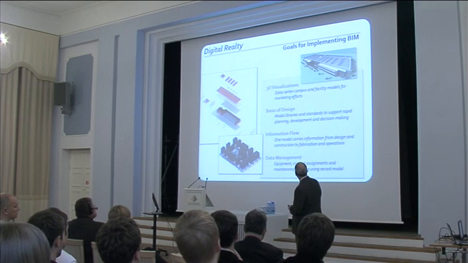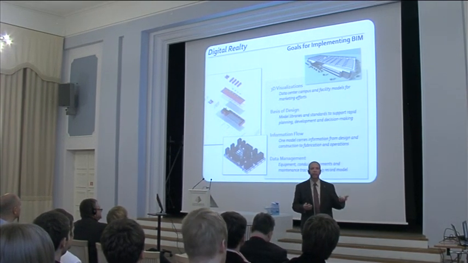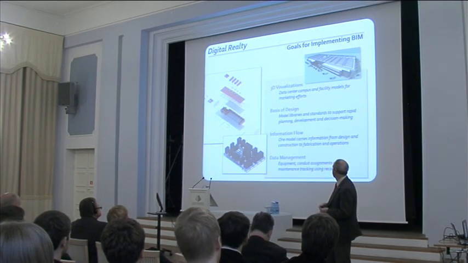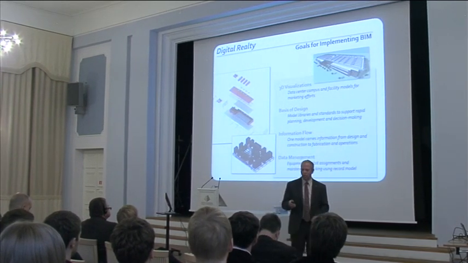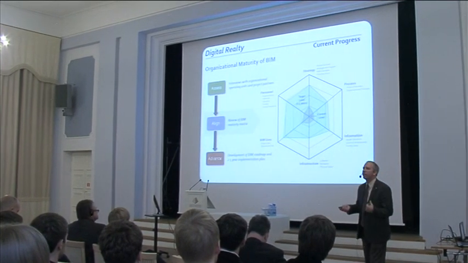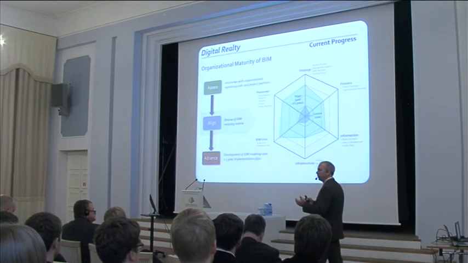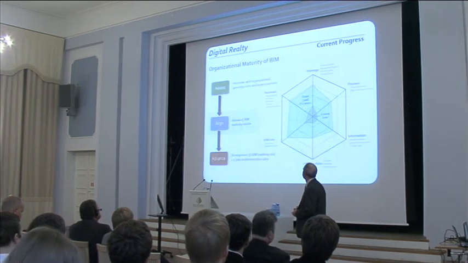Another was using it as an information flow, so they could automatically transfer it to their fabricators and their operations side, and then ultimately using it for data management in the managerial and maintenance part of the project. That's what they came out of the assessment with: what they wanted to get out of implementing building information modeling.